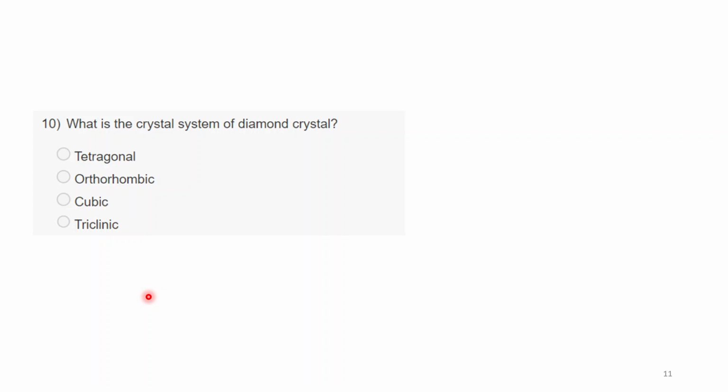Now 10th question is, what is the crystal system of diamond crystal? Your options are tetragonal, orthorhombic, cubic, triclinic. So for diamond, its crystal structure is called diamond cubic. So the answer will be cubic.